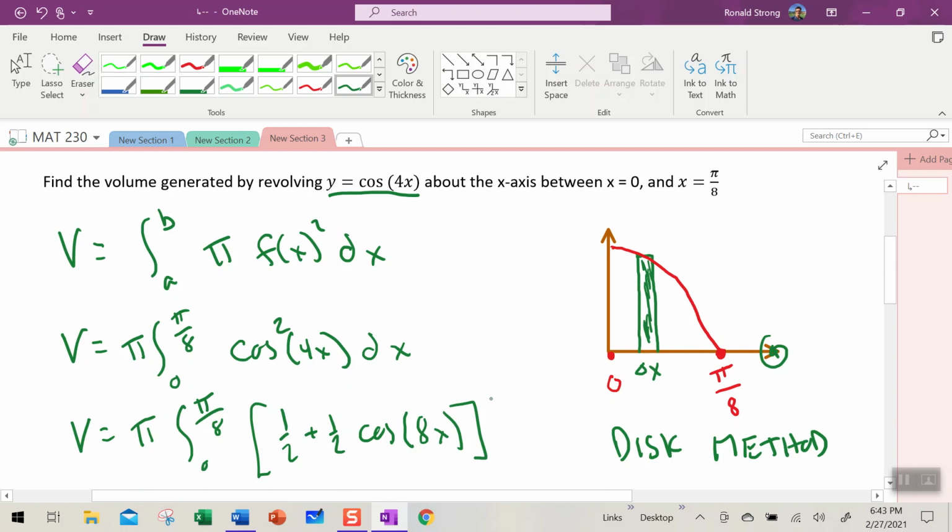All right, now we're going to break that into two separate integration problems.